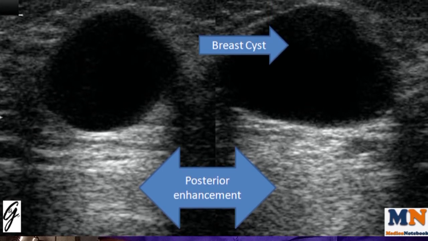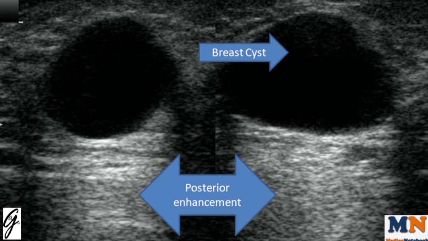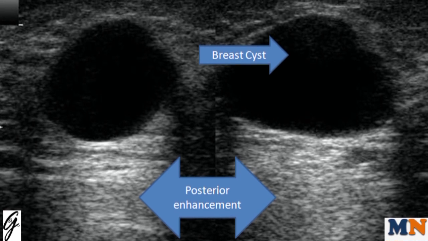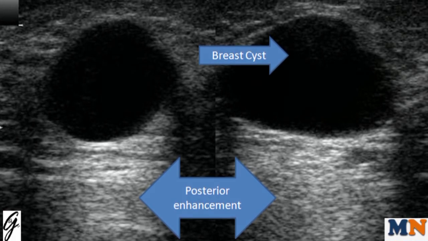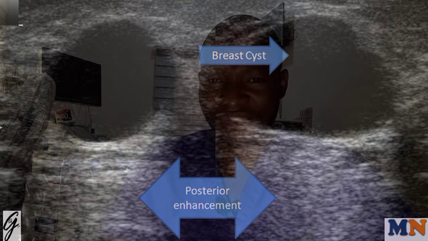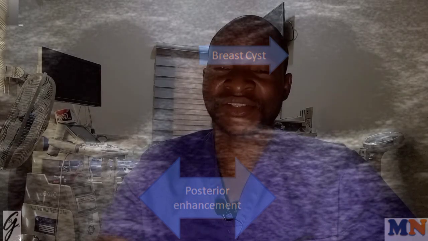Now, the value of this artifact is that it greatly increases the confidence in the diagnosis of cysts or any cystic structure. Sometimes a cyst is too small for the enhancement to be explained only by the absence of attenuation.